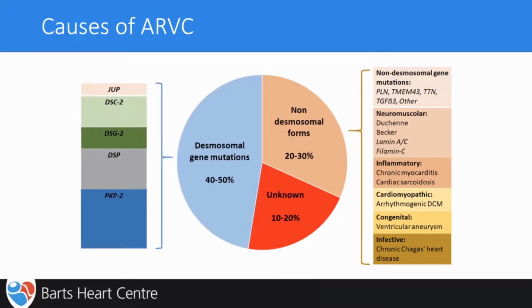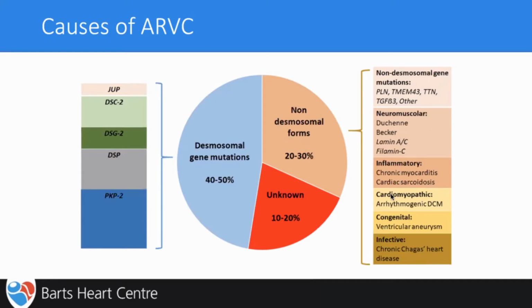Now, we said it's a genetic disease, and the most common cause is desmosomal gene mutation. We'll talk in a minute about what the desmosome is. In roughly 40 to 50% of patients with arrhythmogenic cardiomyopathy, we will find a mutation in one of those genes. But now we have expanded our knowledge, and we know that there are non-desmosomal genetic mutations outside of the desmosome, such as the lamin mutation, which is a nuclear gene, and filamin C, which is in the cytoskeleton, but also some other mutations.